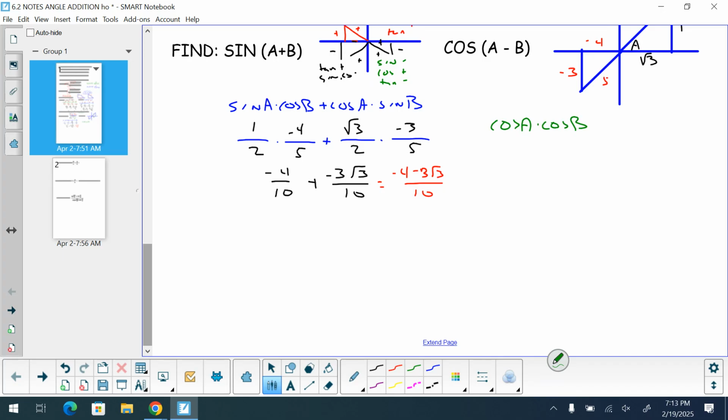We have cosine A cosine B. This is negative up here, so this will turn into positive sine A times the sine of B. Look at triangles, write your 4 ratios. And combine, multiply, and then add.